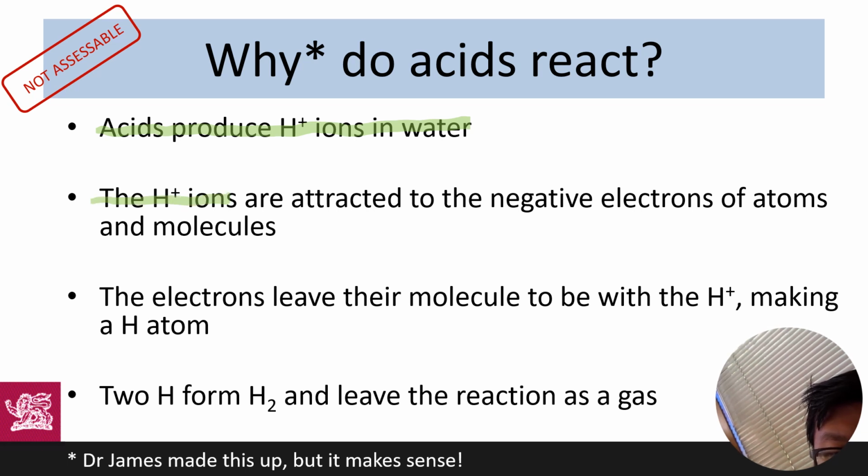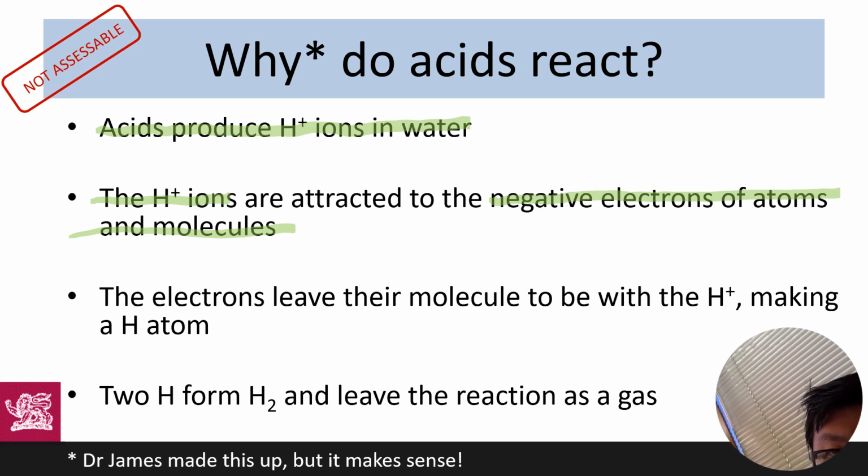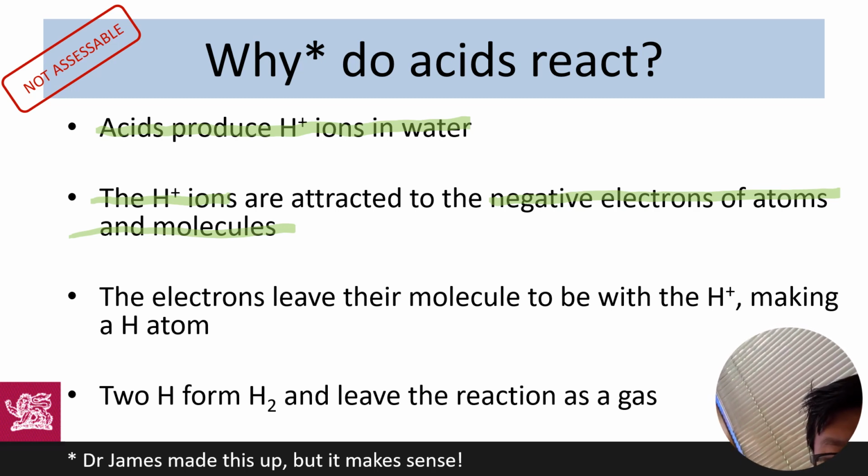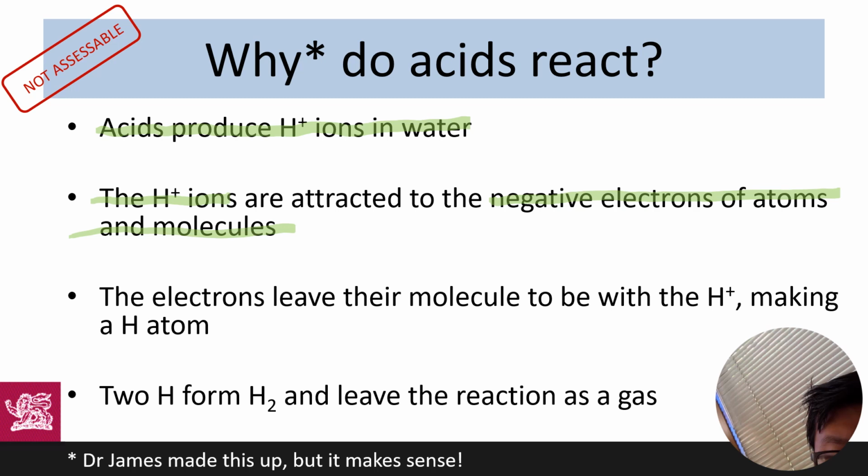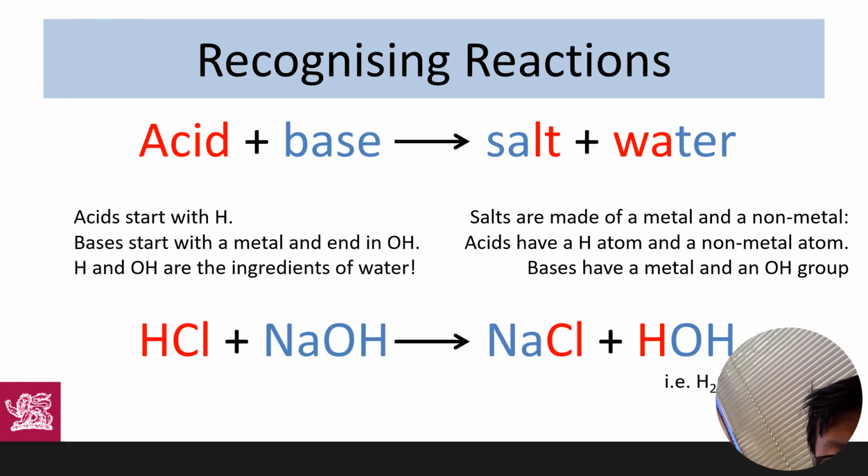Because they're positively charged, they are attracted to negative stuff. So the electrons, or you could say the negative ions, because they have a lot of electrons. And then you can have H pluses to form gases or to form other stuff, but don't worry about it this slide.